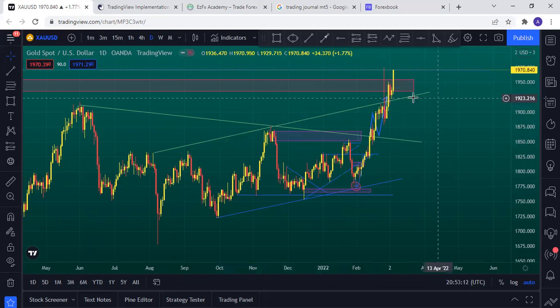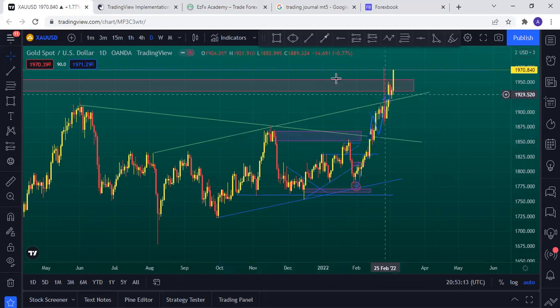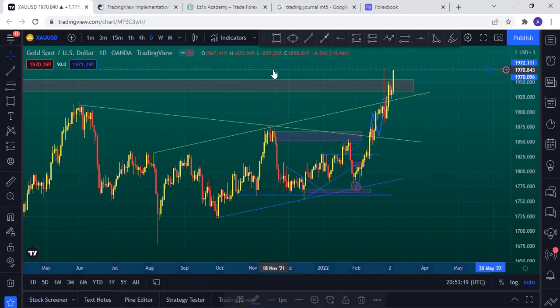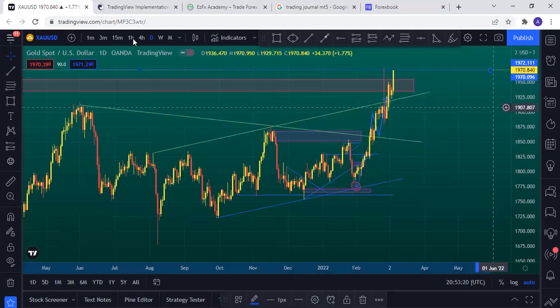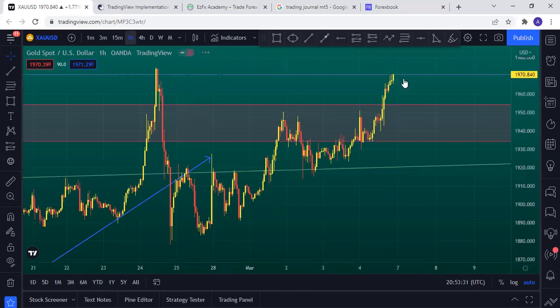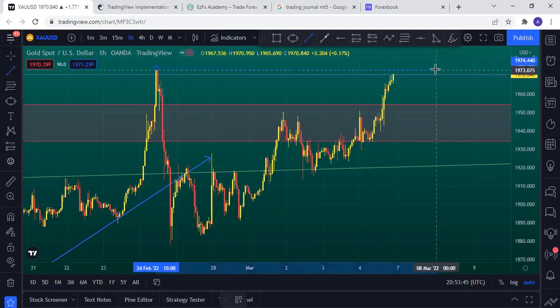From this trend line, I'm going to want to see price give me some interesting break of structure, so that based on that break of structure, I can begin to search for entry points from that time frame. As you can see, this is what we're seeing right now.